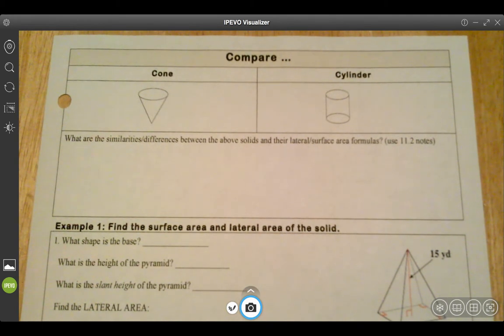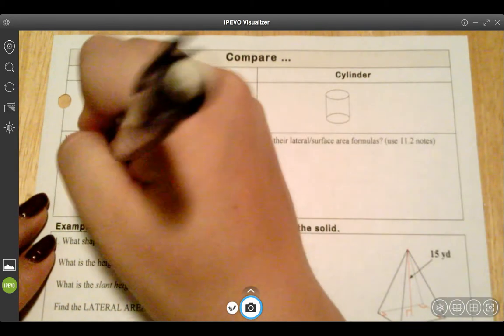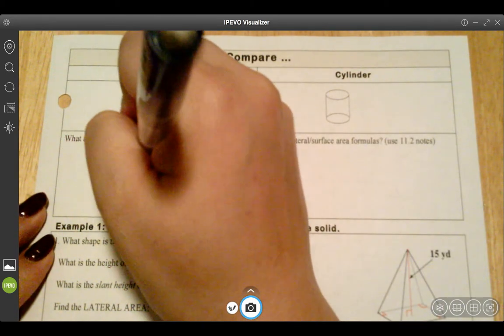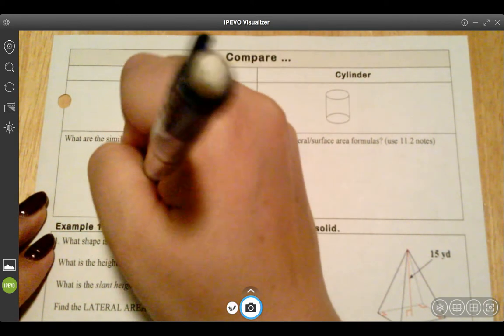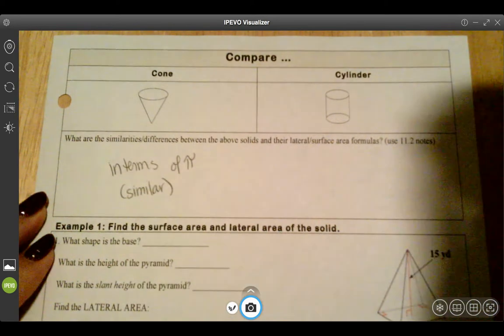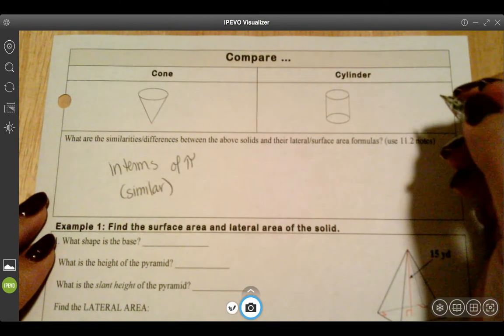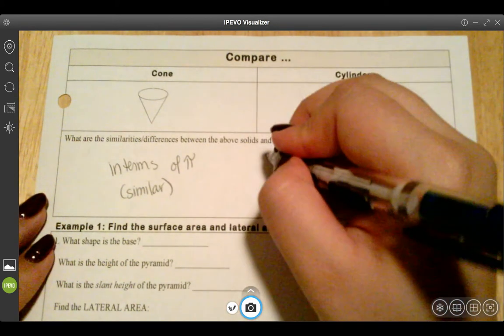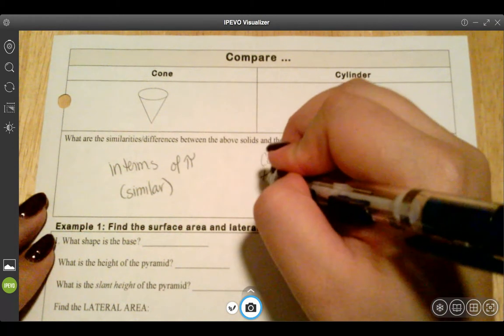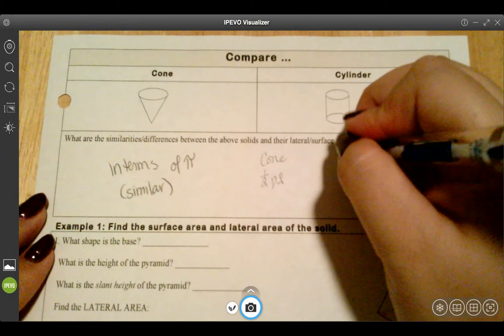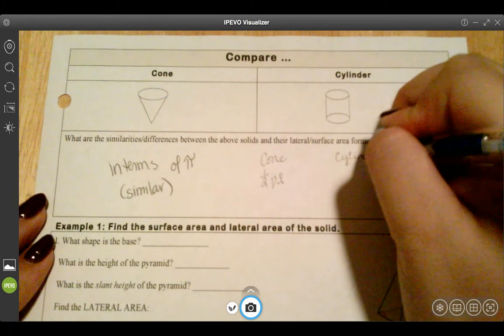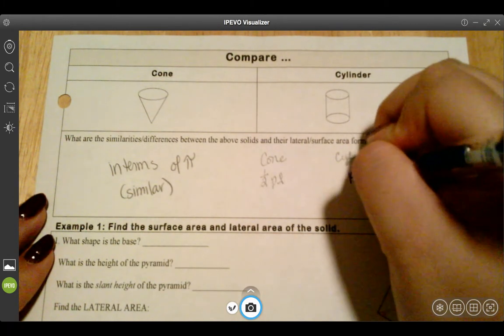So something that they have in common, they're both going to use pi. That's how they're going to be similar. Something that makes them different is, again, for the cone, there's going to be that 1/2 pL, whereas for the cylinder, it's just pH.